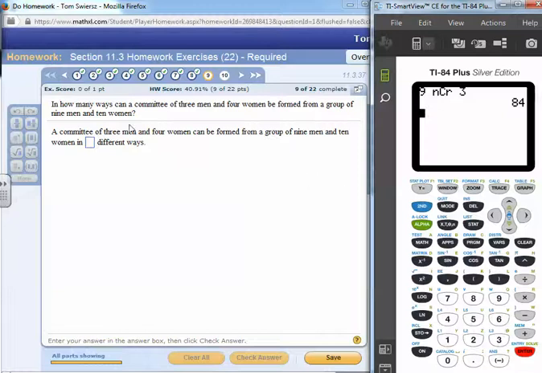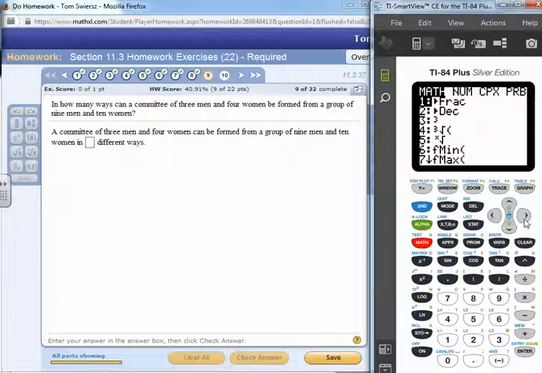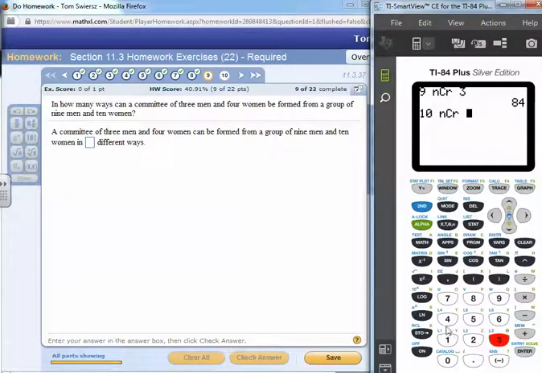The women is 10 total, and again, it's solved with a combination because the order doesn't matter. So we go over to probability by using the right arrow 3 times, and then we hit number 3 for a combination, and we're selecting 4 women. All right, so 10C4 for the women is 210.